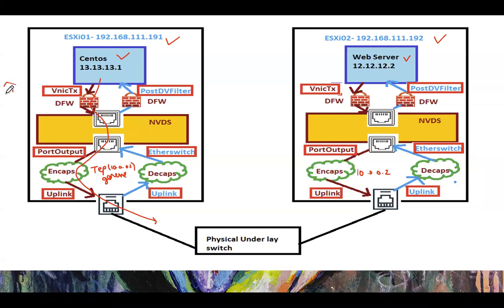The first opportunity is the vNIC Tx. This is where you can perform a packet capture right after the VM sends traffic towards the distributed firewall.